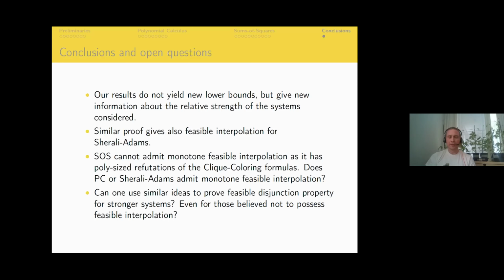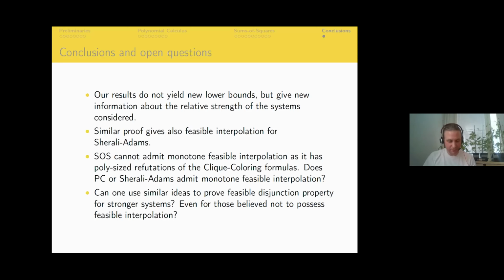A long answer would be that what works for these algebraic proof systems here is that you have this notion of a proof over a set of monomials, and you have a very natural way to split the information in the given refutation.